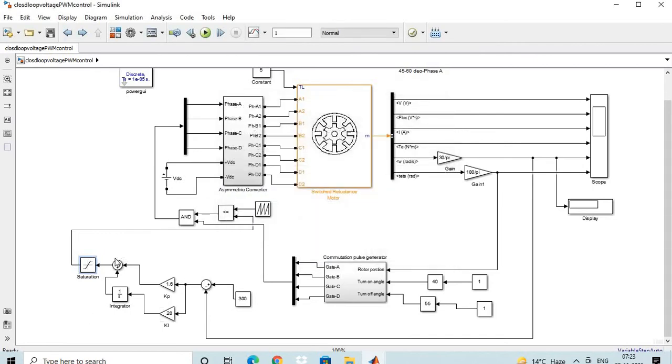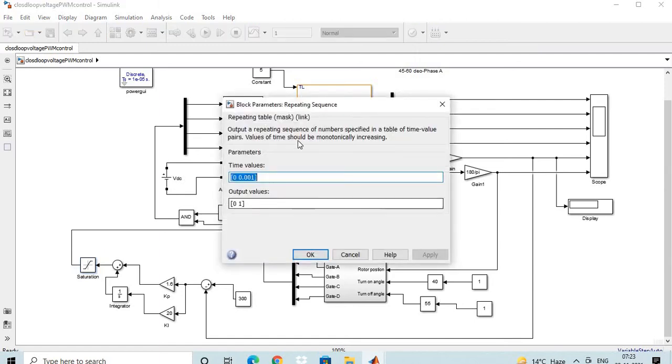So this is the speed controller block, and if there is any error, a signal will be generated accordingly and given here. Then this signal of the speed controller will be controlled with this repeating sequence block.